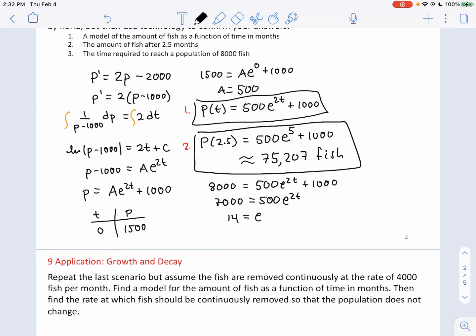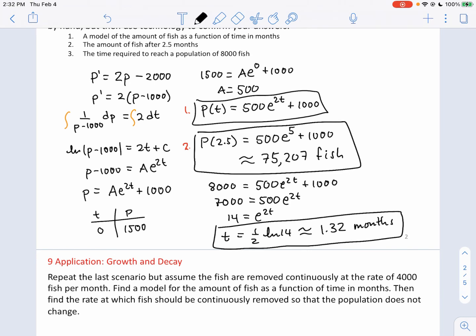So we have 14 is equal to e to the 2t. Natural log both sides, and then divide by 2. So we get t is equal to 1/2 natural log of 14. And that is approximately 1.32, and this is in months. And this will answer our third question.